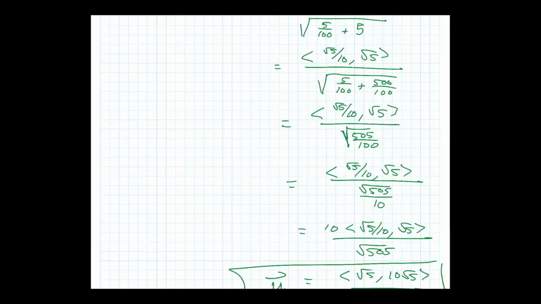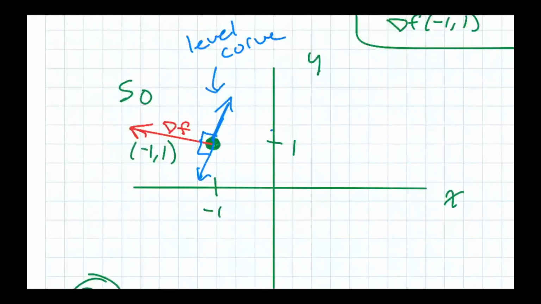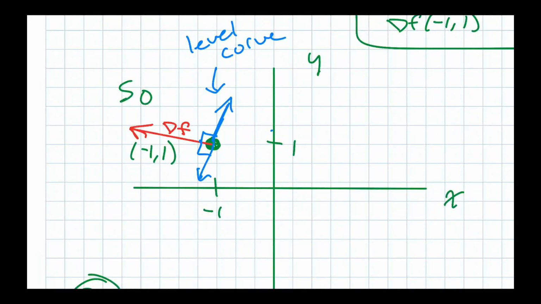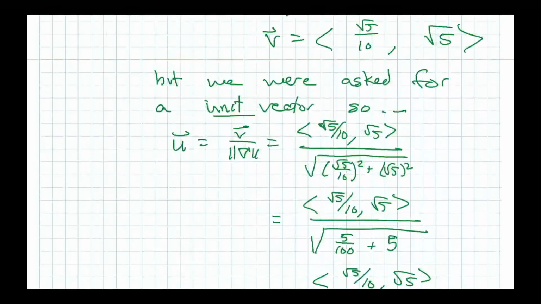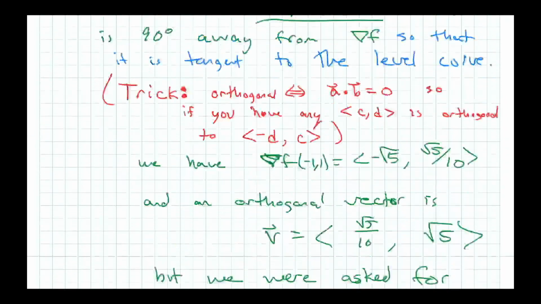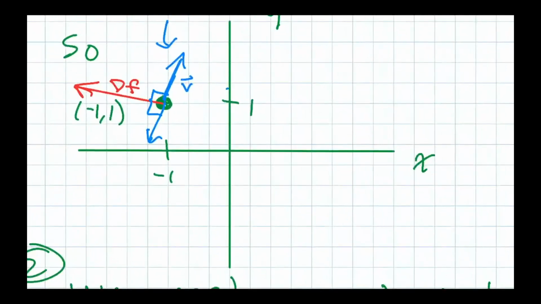And the point is that V or U point in those directions. Actually, let's see which one's which. So we took this to be the one that's positive and positive. So yeah, that was V. And U pointed that same direction.